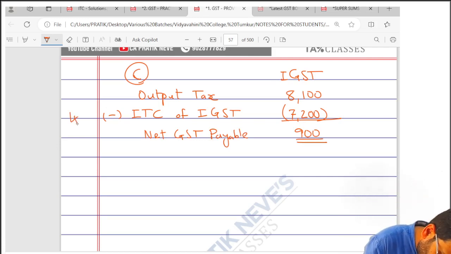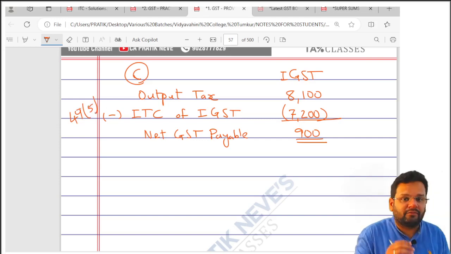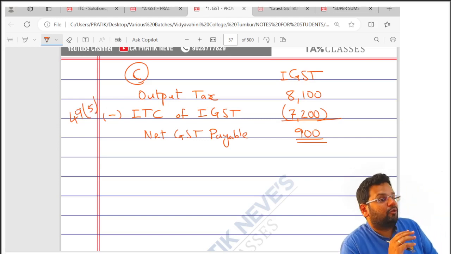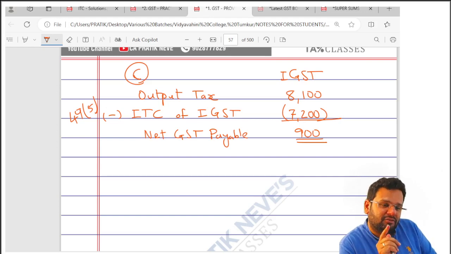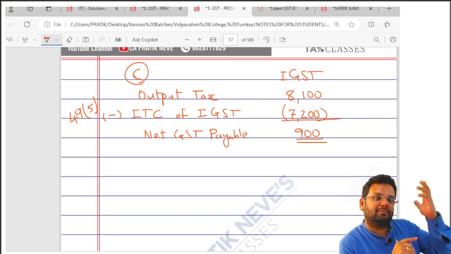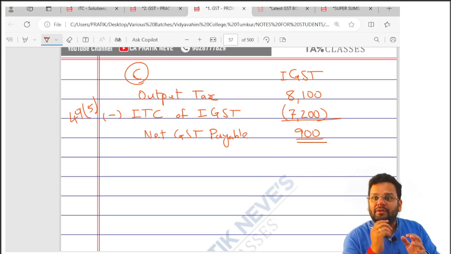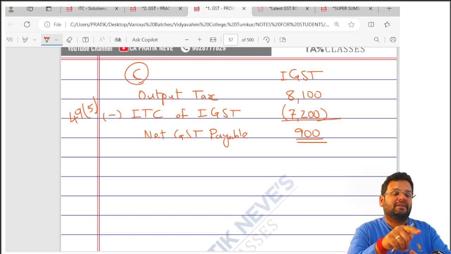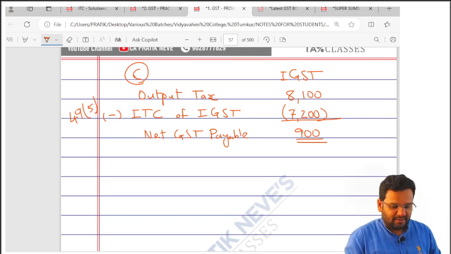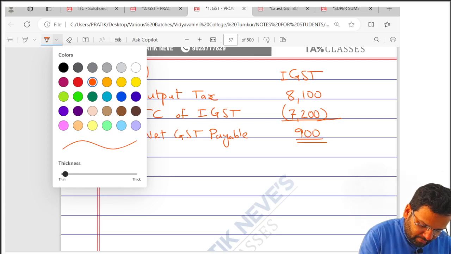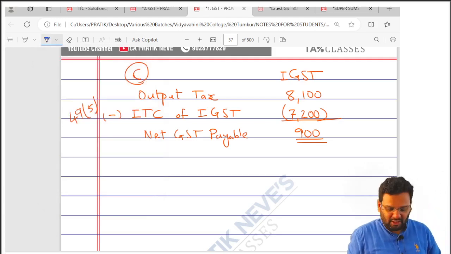This is happening as per 49.5. Tell me 49.5, who will follow? Supplier. When supplier does one thing at his end, government does something at their end. What government does at their end is called transfer of credits. Now I am going to open government's account.